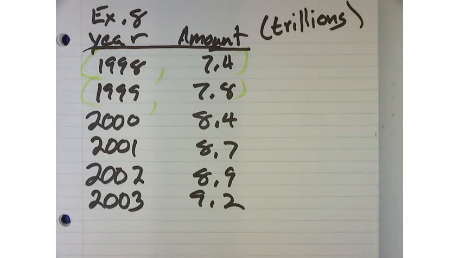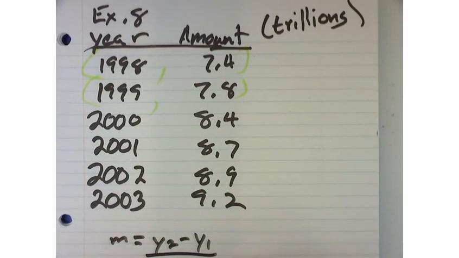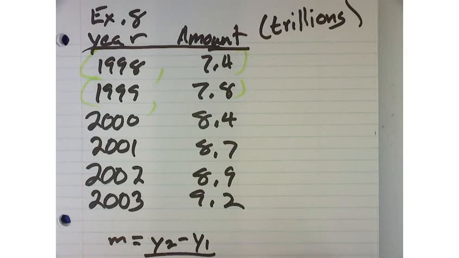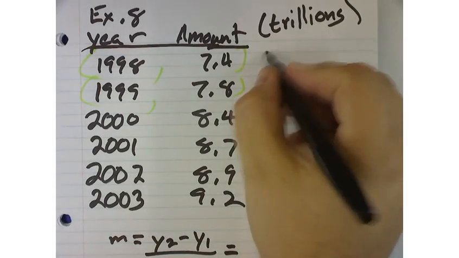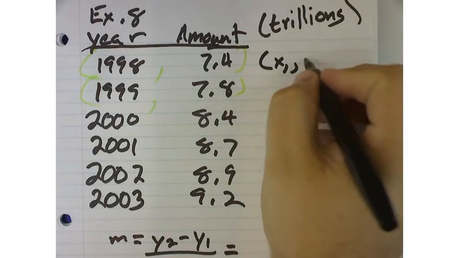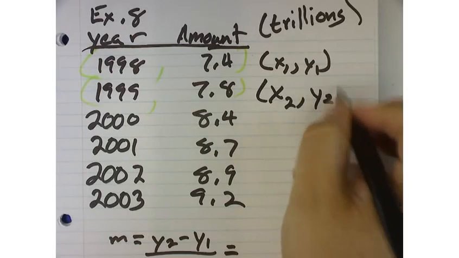So now to calculate the slope, I need to say m is equal to y sub 2 minus y sub 1 all over x sub 2 minus x sub 1. And so this is my x sub 1, y sub 1, and this is my x sub 2, y sub 2. And then I plug it in.